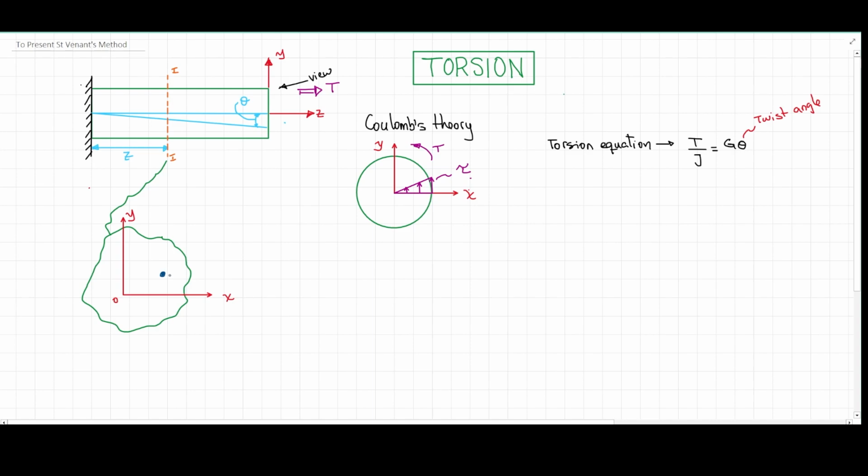This point P, with coordinates x and y, is located at a certain distance from the origin of this piece, and has a certain angle alpha with respect to the x direction.